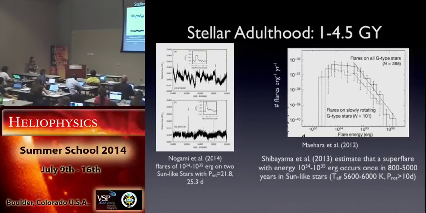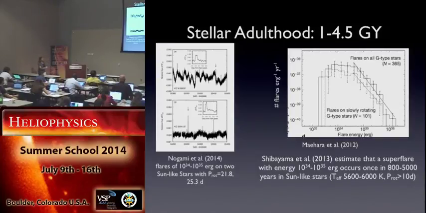So there's been a series of papers by my Japanese colleagues exploiting the Kepler database to find examples of very energetic flares on sun-like stars that have rotation rates that are comparable to the solar rotation rate. And they have a distribution of flare frequency with energy that's much steeper than we see on the sun.